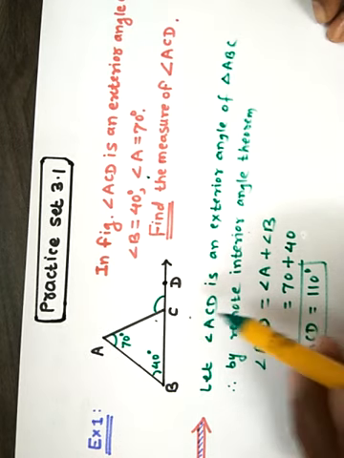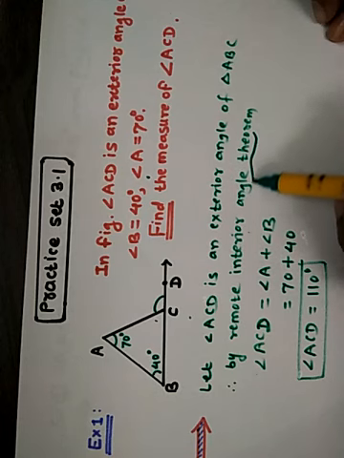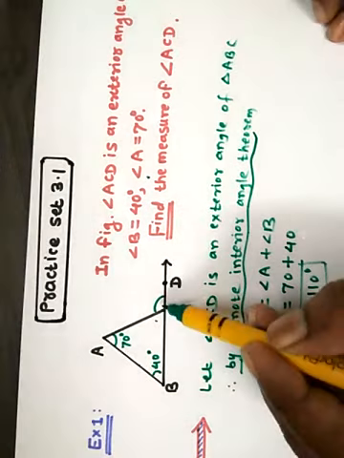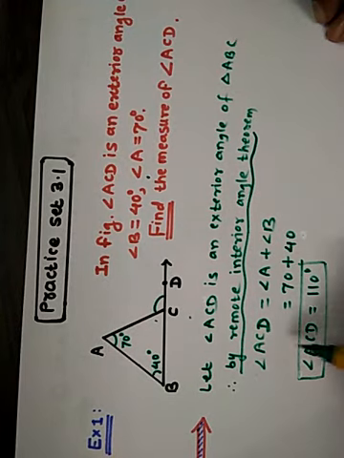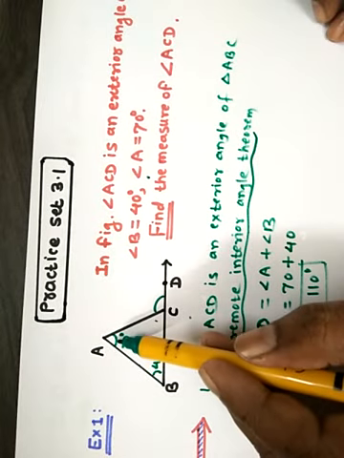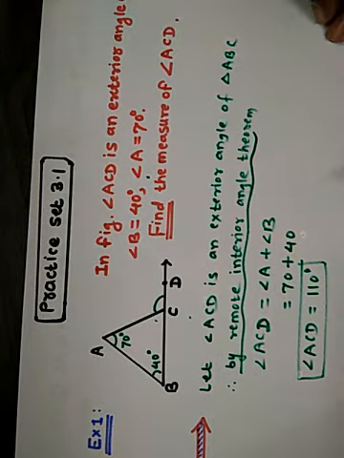But directly we can find it by using the remote interior angle theorem: the measure of this angle is the sum of its remote interior angles, so angle ACD is equal to angle A plus angle B.